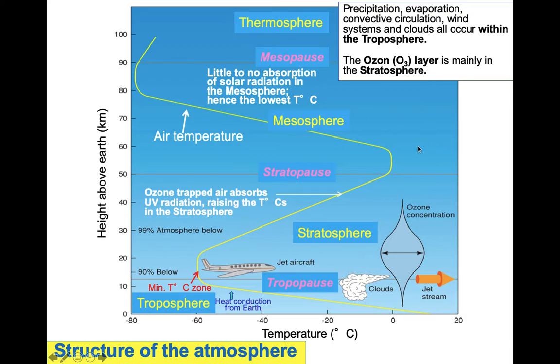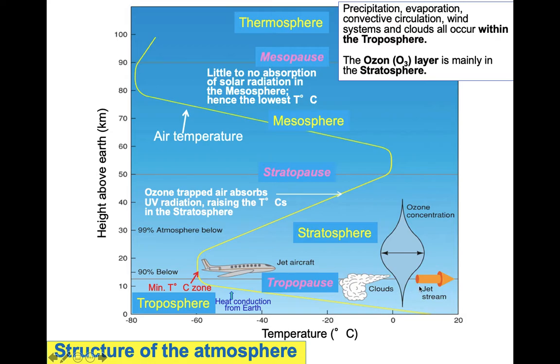Now, all the activities, as we know, in terms of atmospheric circulation patterns and clouds and rainfall, precipitation, evaporation, convective circulation, they all occur within the troposphere.